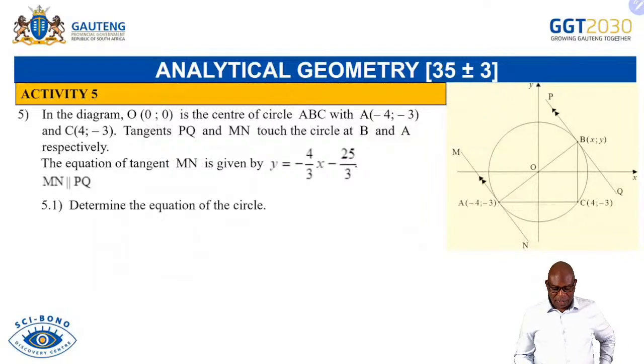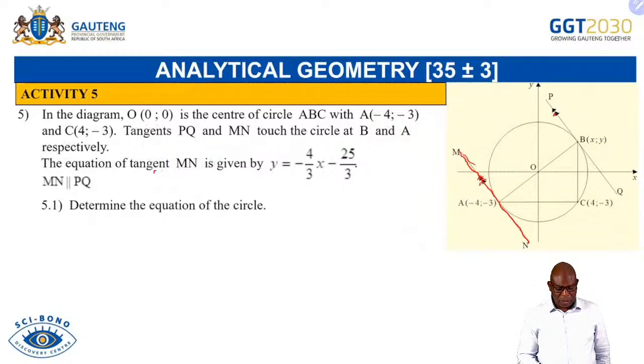Moreover, in this question, they've given us the equation of the tangent MN. So you see the tangent MN is given. That equation is given. We're given that this line is parallel to there. What do I know about parallel lines? Their gradients are the same. Gradients are equal. So if I know the gradient of MN, I also know the gradient of PQ. Okay. So obviously, do I know the gradient of MN?